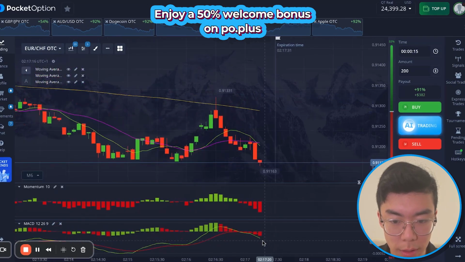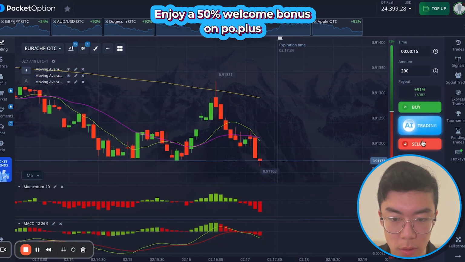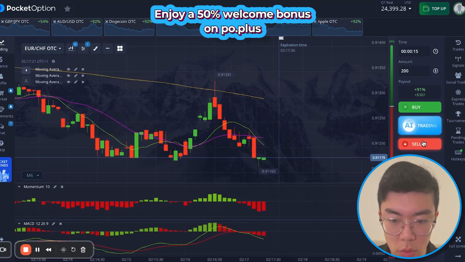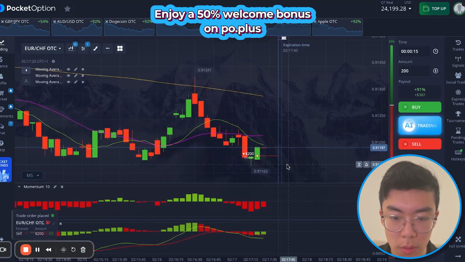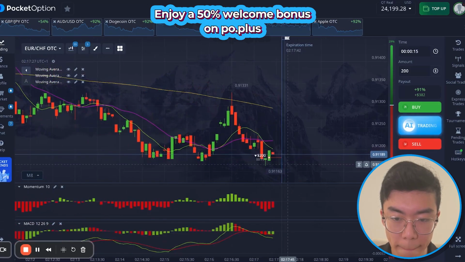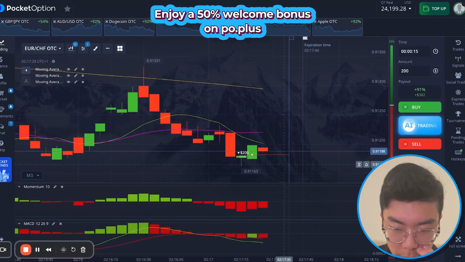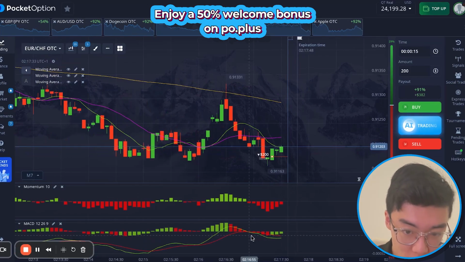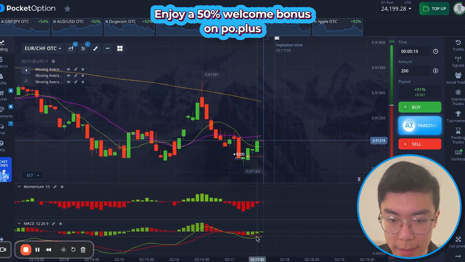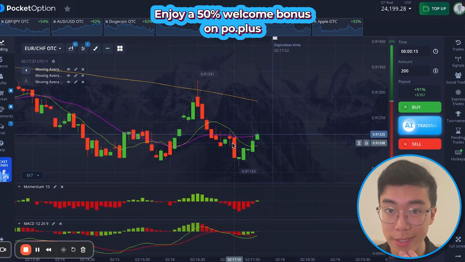From right here, did a crossover very recently. Could try to ride the momentum downwards. See how this plays out. Because it did the crossover downwards right around here, so it's a little bit late. So I wouldn't be surprised if this didn't win.